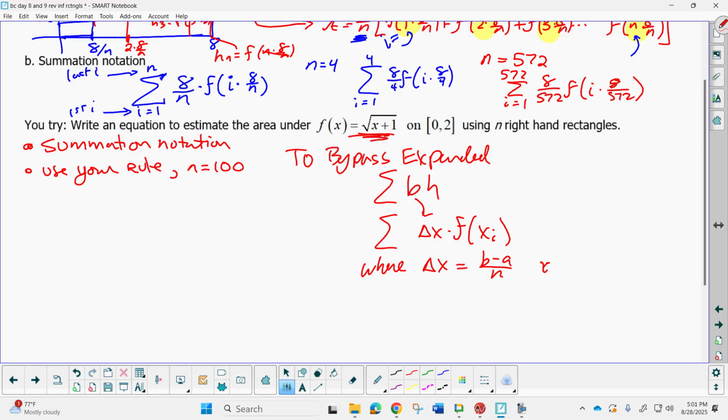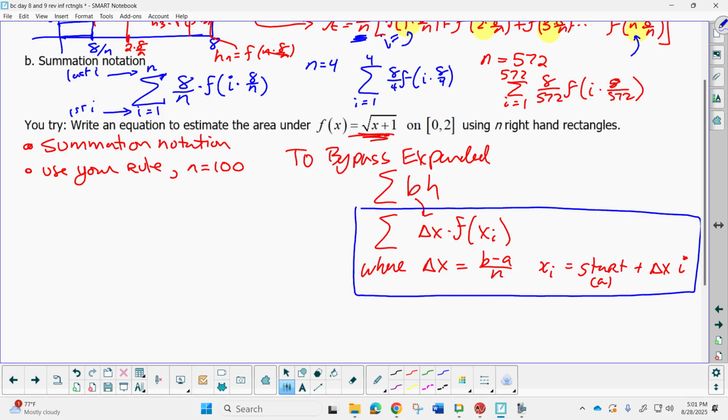X sub i comes from the starting value, the a, plus delta x, i times. Now, that'll make more sense as you go, and maybe that's where you ended, but it's nice to have in your notes this bad boy right here.